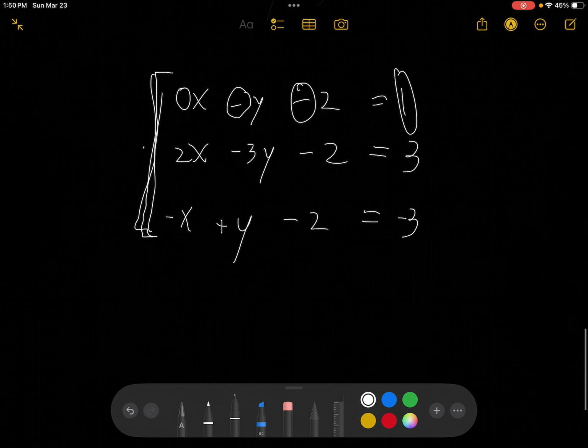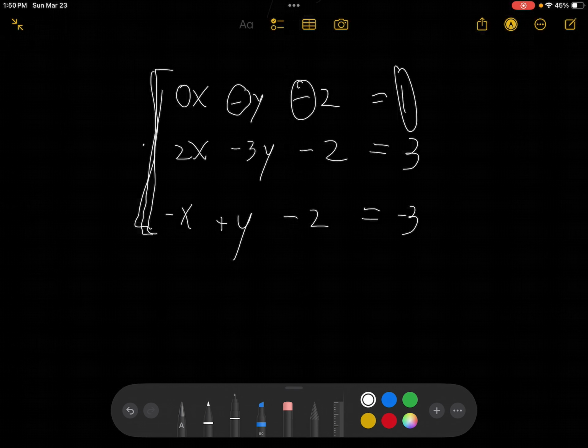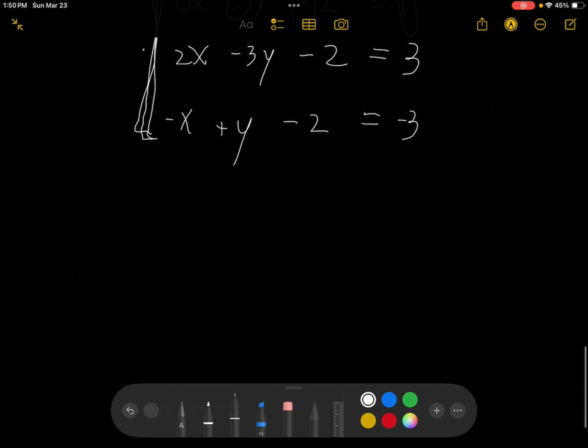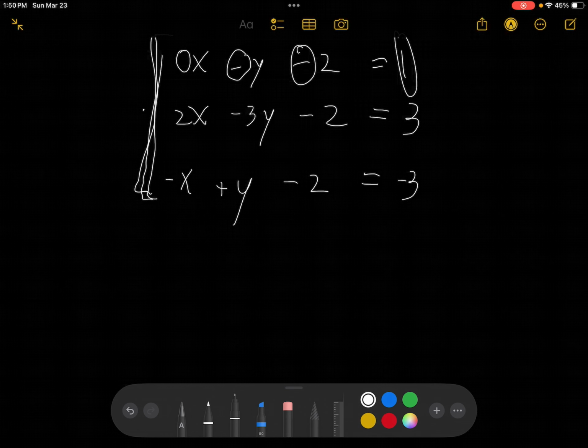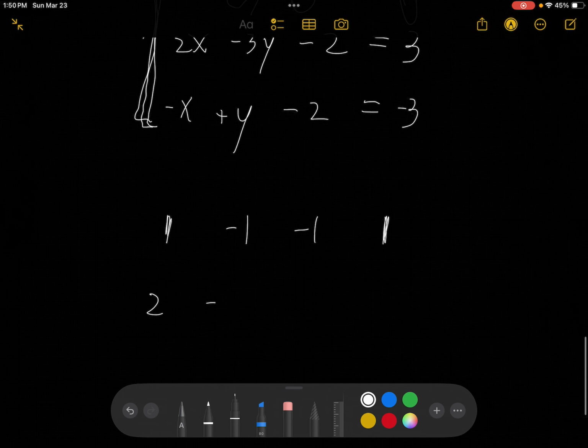And these coefficients are going to be the numbers in each square of the grid of this matrix. So representing this system as a matrix, we would end up with a matrix that looks like this.